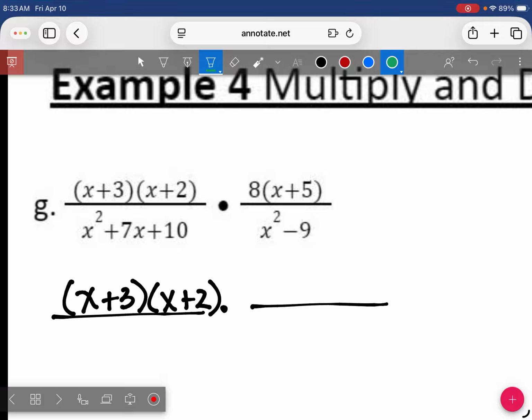All right, so now let's go down to this x squared plus 7x plus 10. So we need to find two numbers that multiply to 10 and add to 7. Don't say it out loud. See if you can find the numbers that multiply to 10 but add to 7.